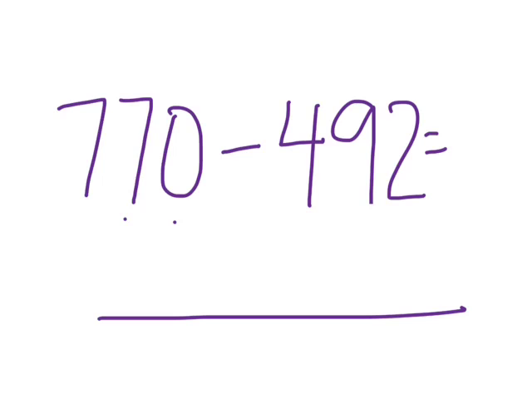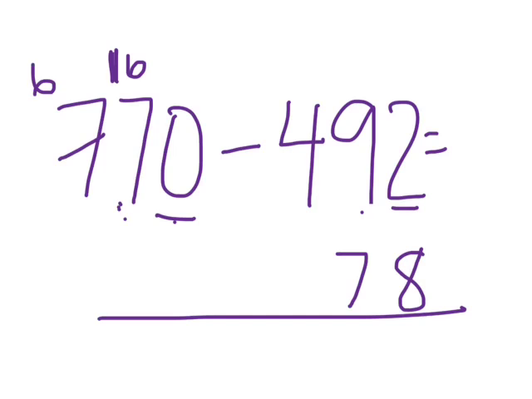So I have 10 minus 2, and that is an 8. I have 6 right here, minus 9. I can't do that, so I'm going to have to think of that as a 16. 16 minus 9 is 7. And since this made this a 10 up here, this is now a 6. 6 minus 4 is 2.